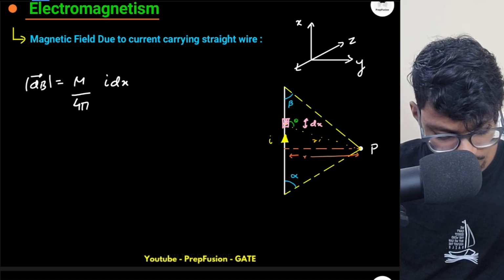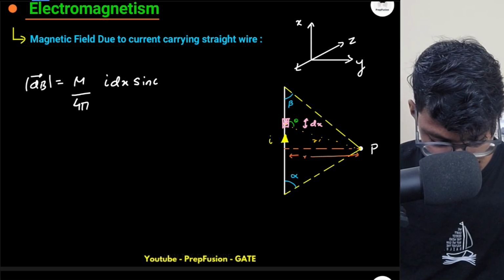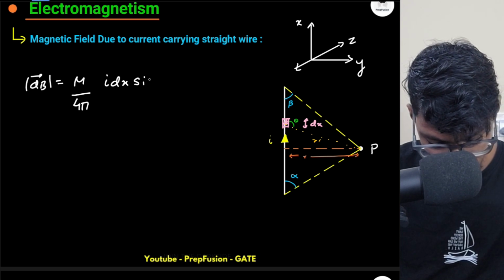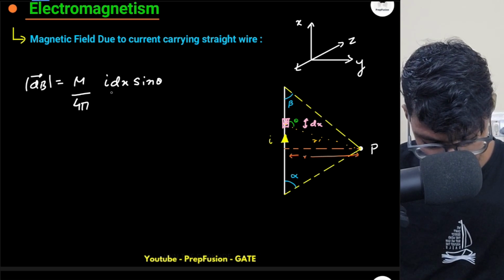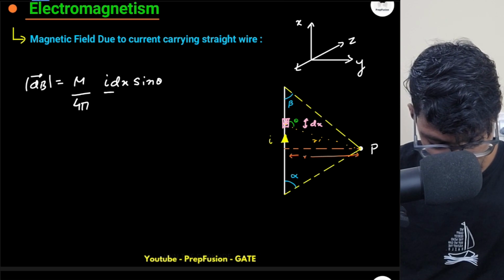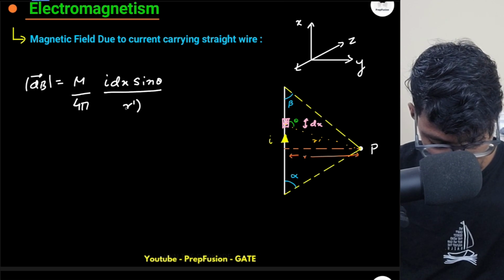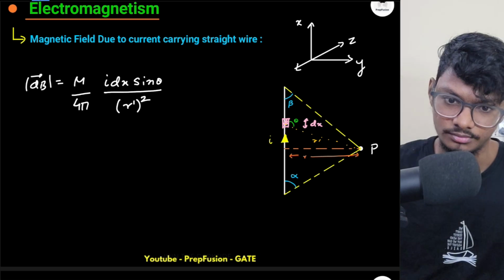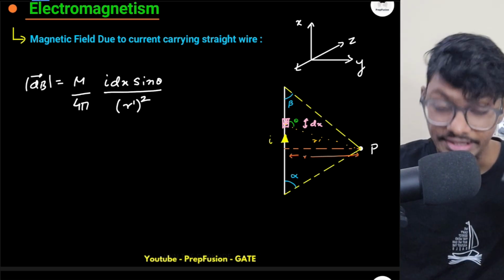IDX into the angle, that is sine theta, and obviously the distance between these things, r dash whole square.